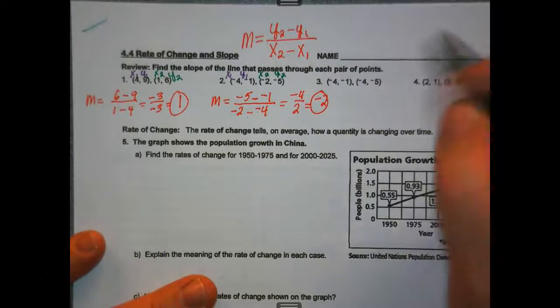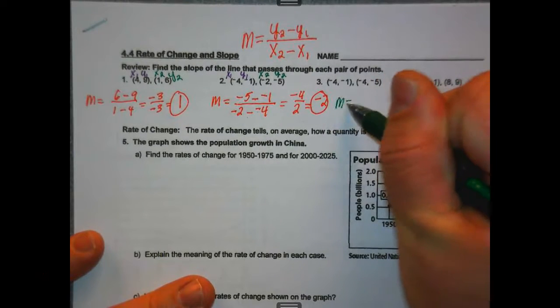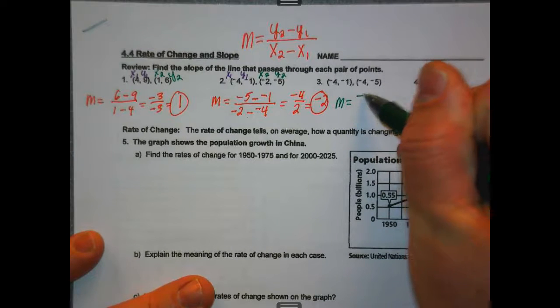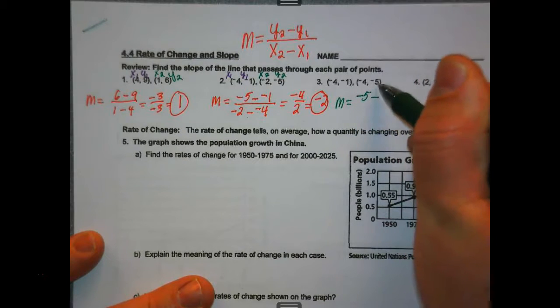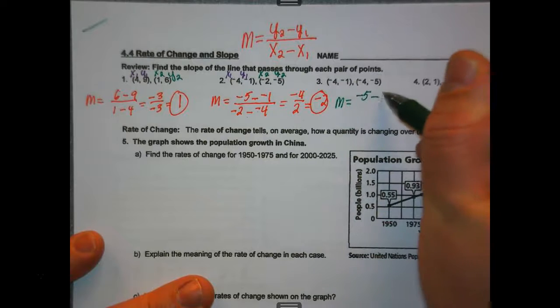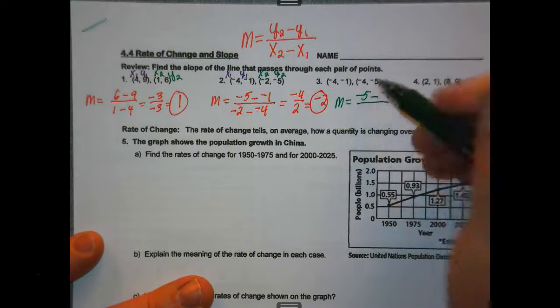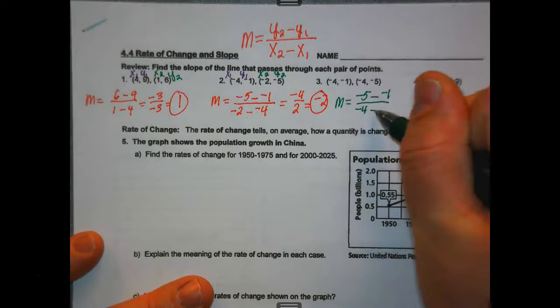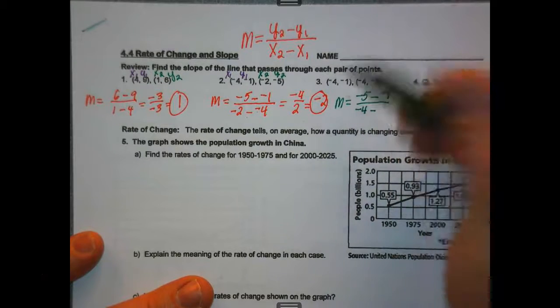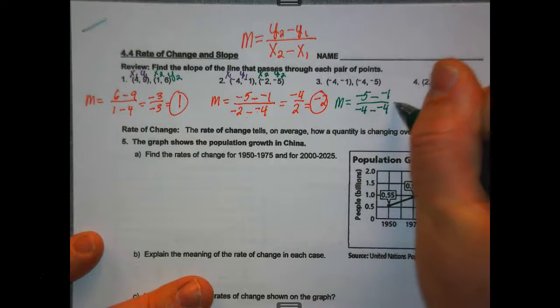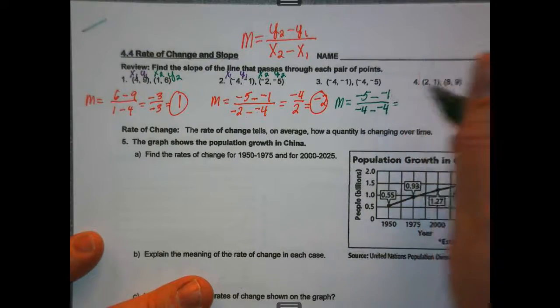Number 3, slope equals my y2 is negative 5 minus my y1 is negative 1 over my x2, negative 4, minus my x1 is negative 4. Positive positive makes it a plus.